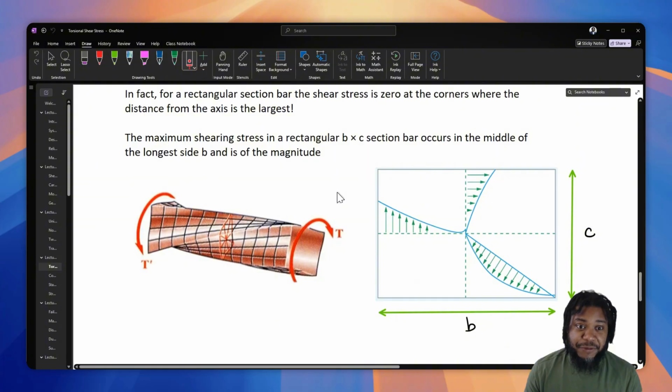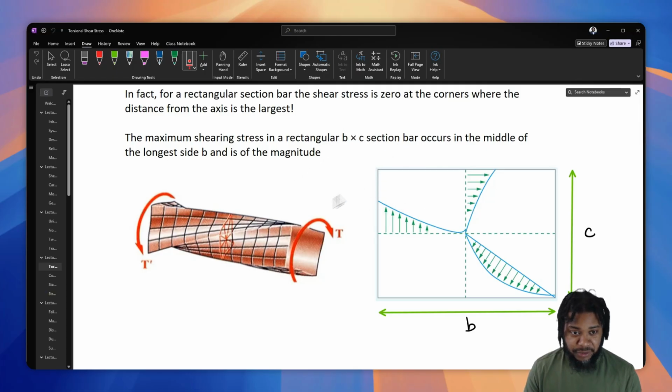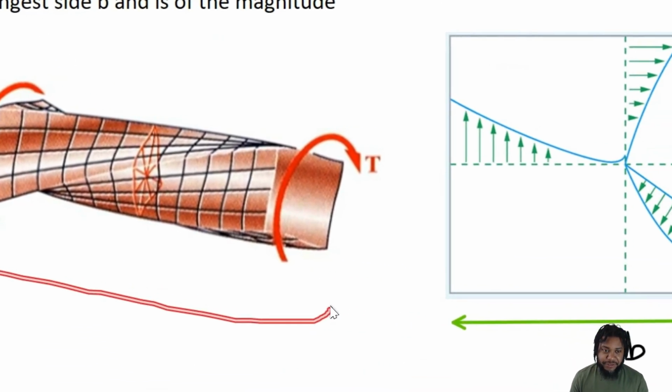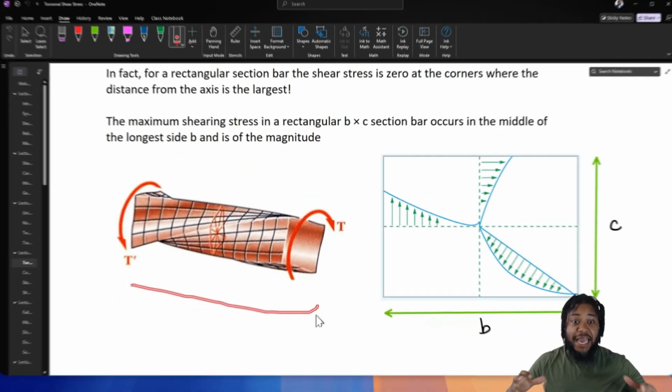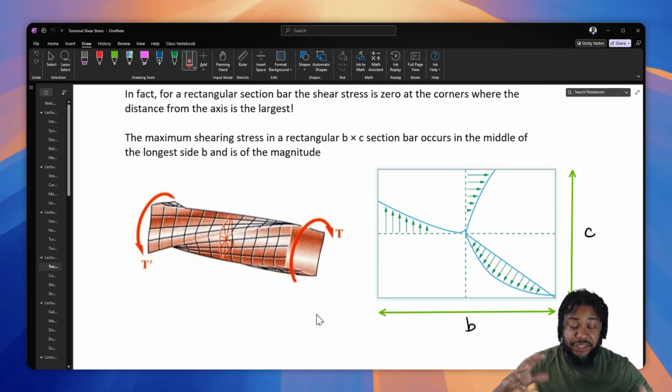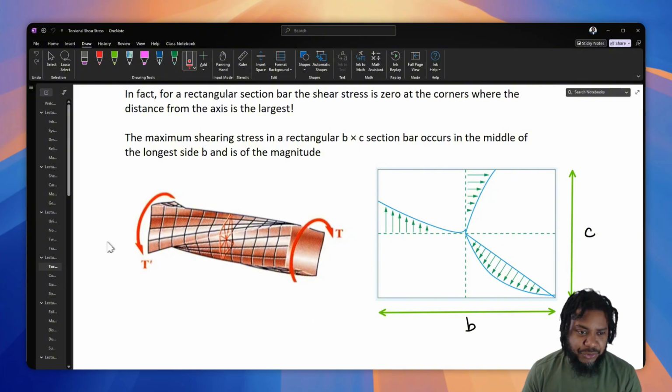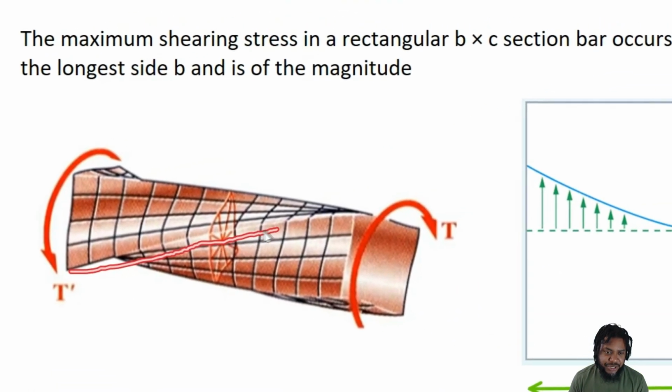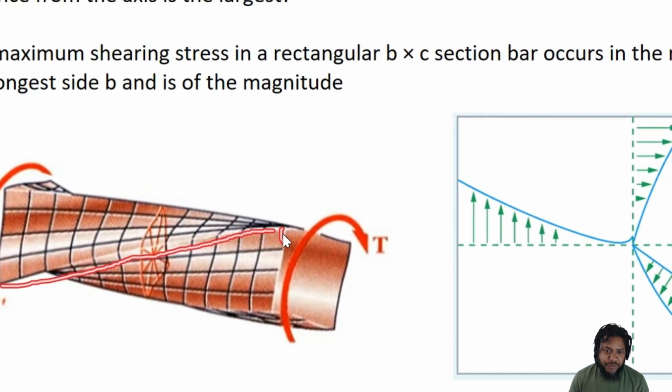And so we have to do something special when we're dealing with rectangular cross sections. Now here is just a graphical example of the angle of twist we would see in a rectangular type of cross section with dimensions b times c, right? So we have a very interesting twisted shape in the geometry. We have kind of a waviness to the edges.